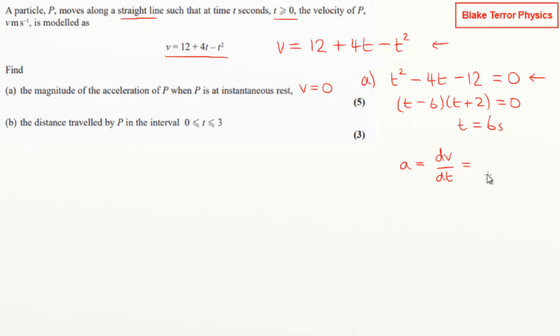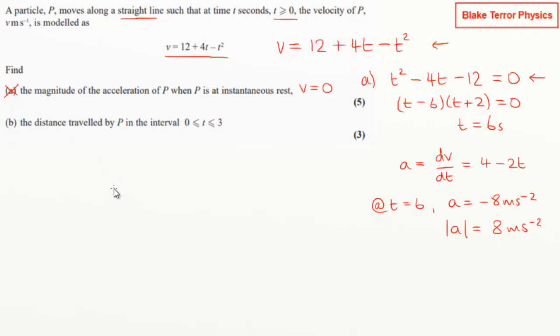So we have to go back to the original function and say that we've got 4 minus 2t. So at t equals 6, a equals 4 minus 12, which is -8 meters per second squared, and we want the magnitude of that acceleration. So the magnitude of the acceleration is 8 meters per second squared. So that's all ticking along fine.